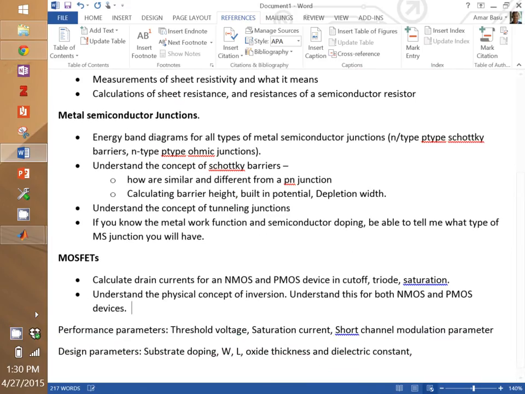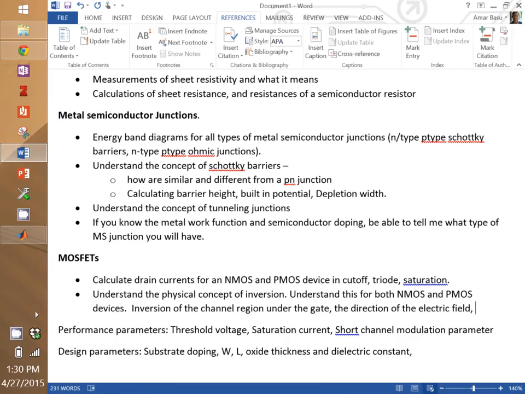So what do I mean by understanding the physical concepts of inversion? Inversion of the channel region under the gate. The electric field. The direction of the electric field.